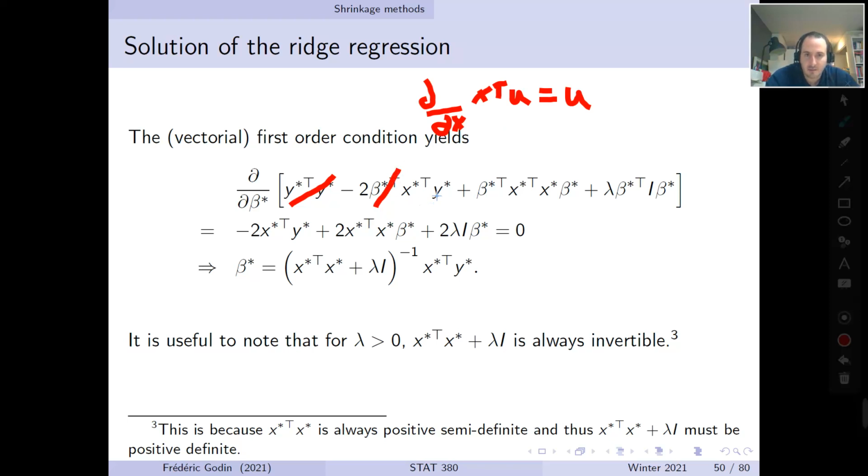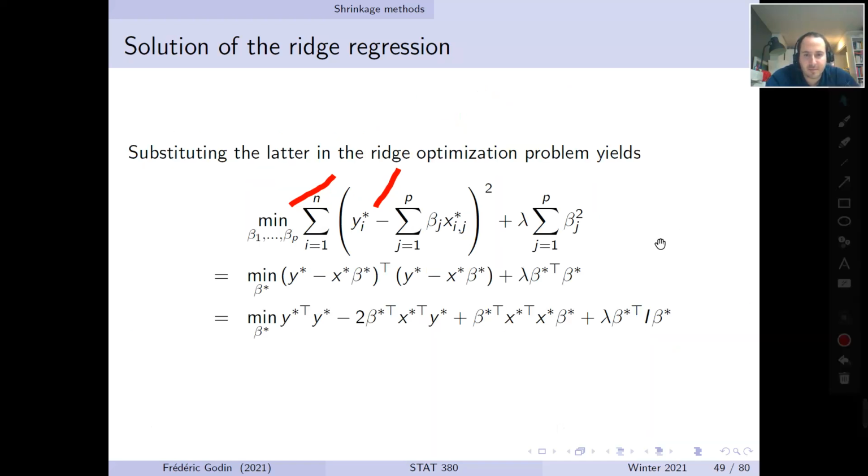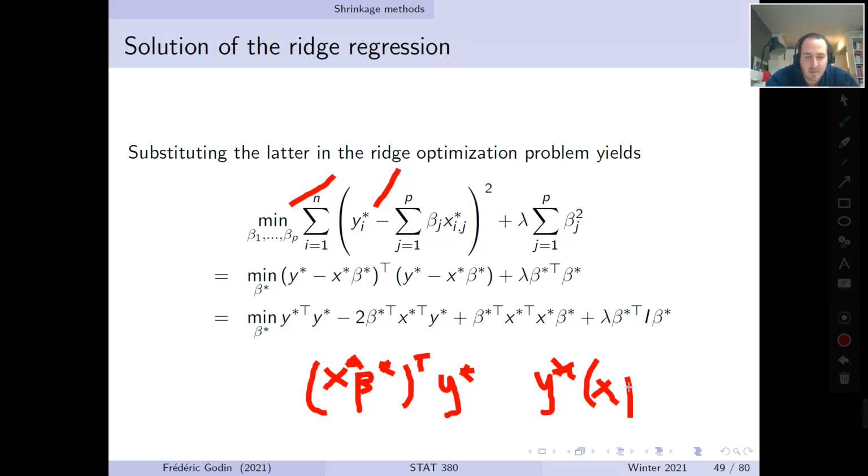And the reason why there's a 2 here, maybe let's go back one slide, is because if we go here, one term was x star beta transpose times y star, and another term was y star transpose times x beta star.